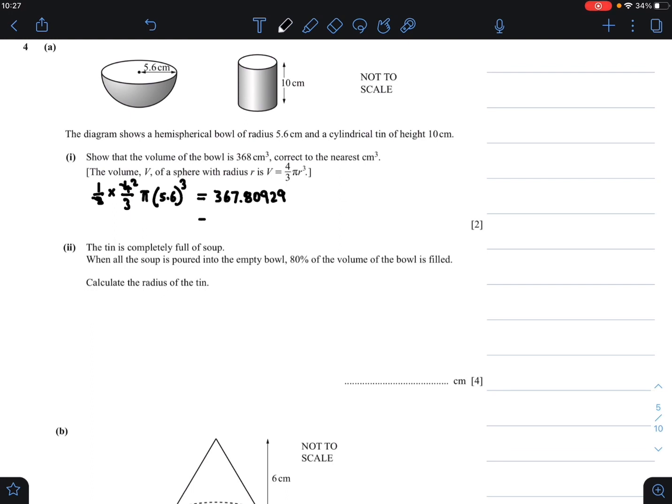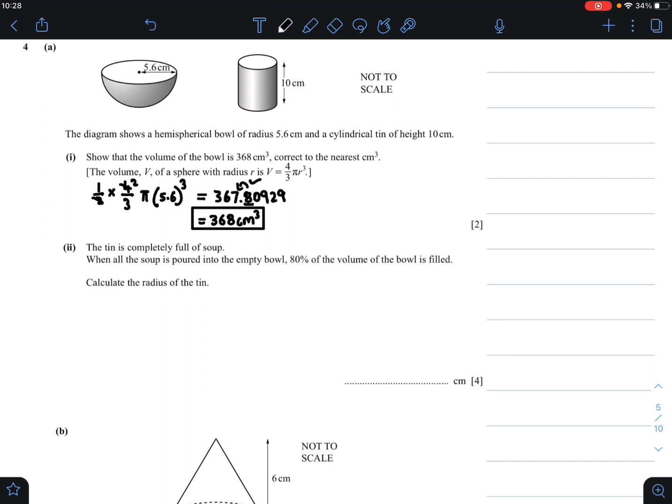Since we need to give our answer in 3 significant figures, our final answer will be 368 cm³. This is because the fourth significant figure, which is 8 in this case, is greater than or equal to 5, so it will round up the third significant figure to the next number.